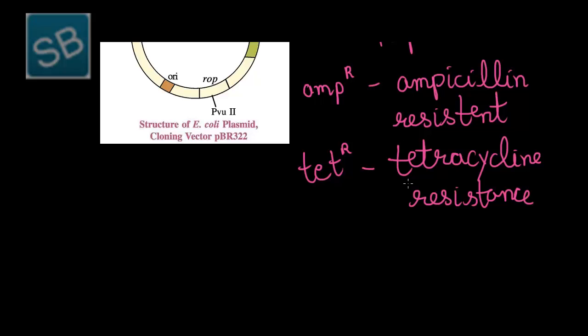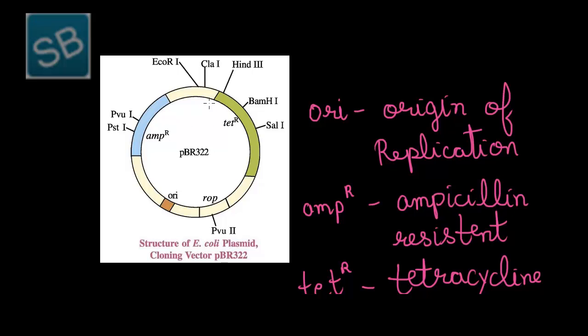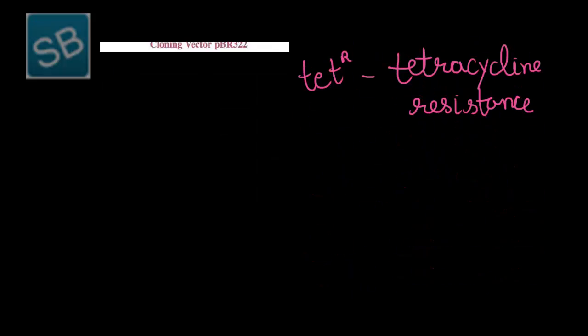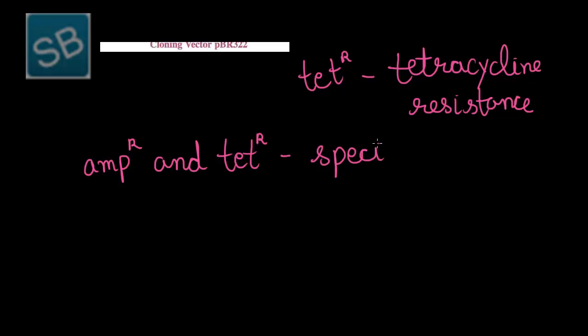Now these antibiotic resistance genes, that is AMPR and TETR, possess specific enzyme recognition sites.